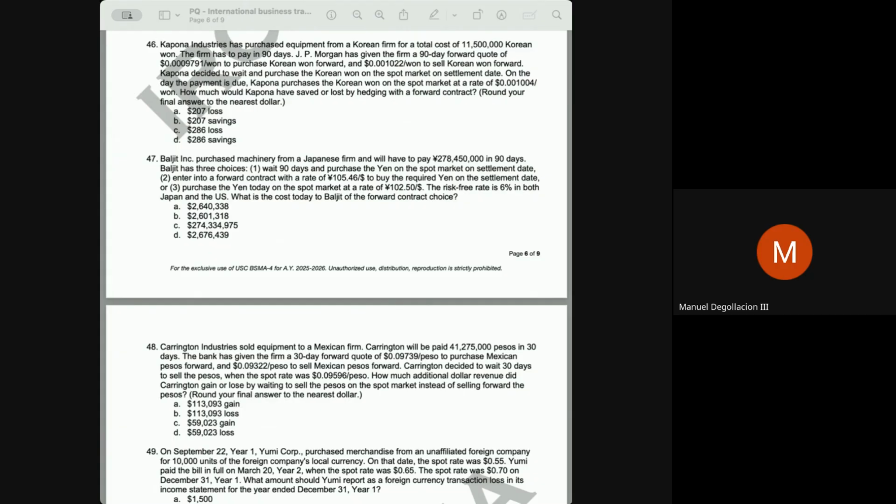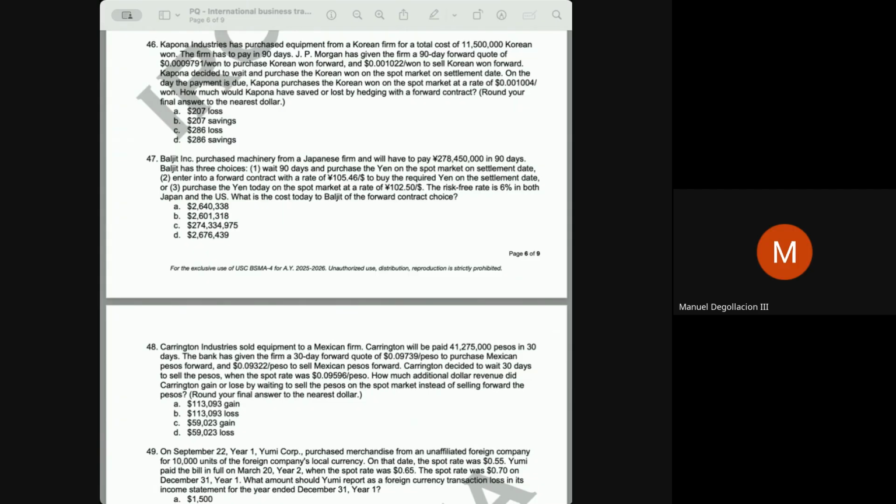That's 2,640,337.57. That's the amount that you will have to pay on the settlement date.